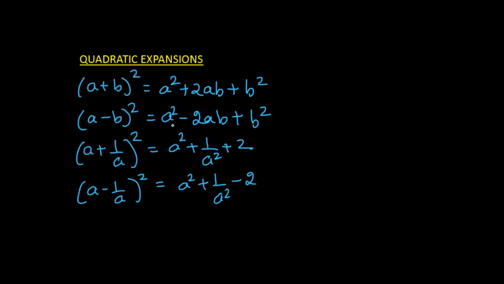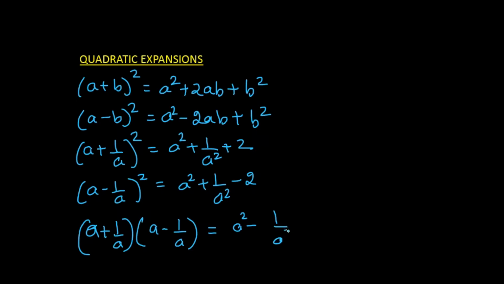And the last one which we did, the difference of the squares. So if it is (a plus 1 by a) multiplied by (a minus 1 by a), then the answer is the difference of the two squares.